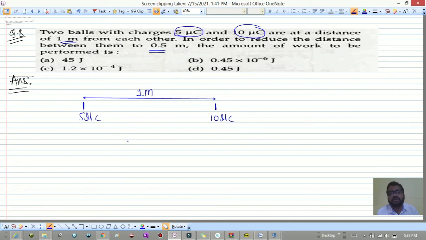Now we have to reduce the distance between them by half, so they must be at a distance of 0.5 meter.